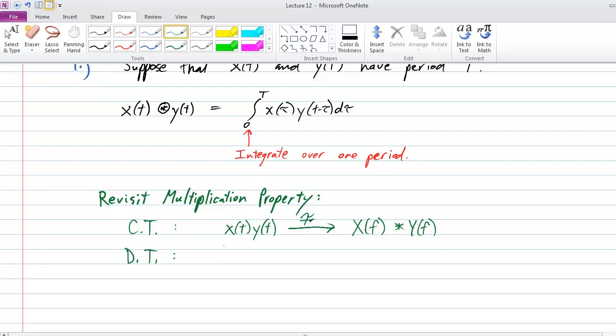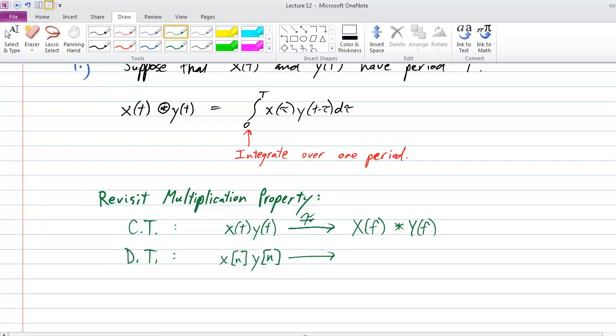And one way you would know that it's not true is because if you assumed it was true, you would get the convolution of two periodic signals. You would get infinities, and you'd say, wait a minute, this is a well-defined signal. It should have a Fourier transform. Why am I getting infinities when I try to calculate Fourier transform? It's actually not true in discrete time.